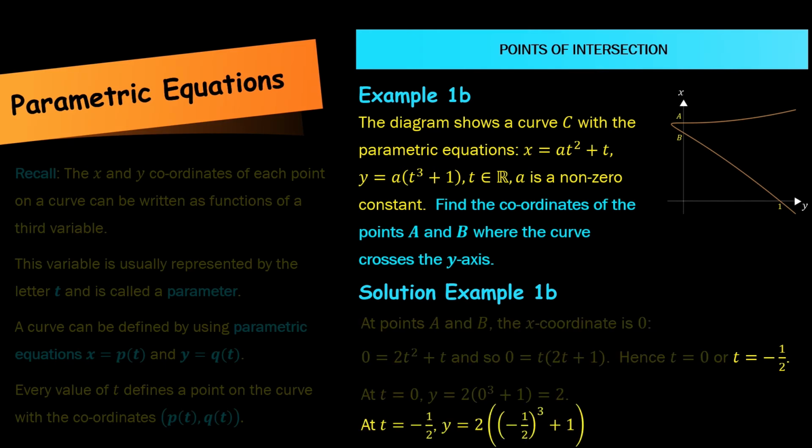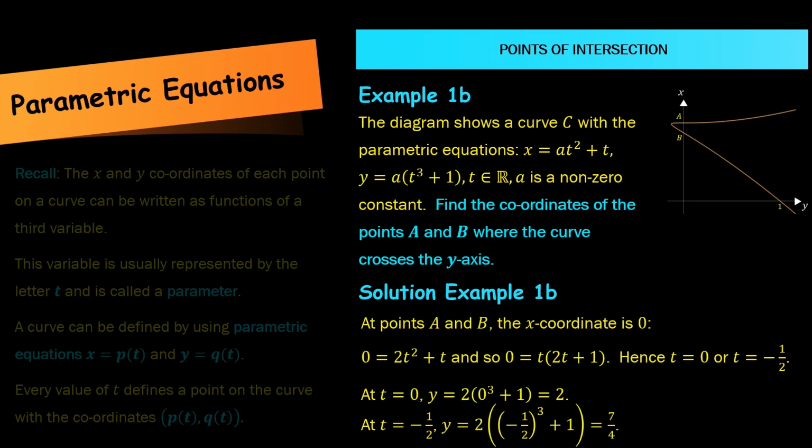At t equals minus a half, we can plug this in likewise into the equation for y to give us y equals 2 times minus a half cubed plus 1, which is equal to 7 over 4.